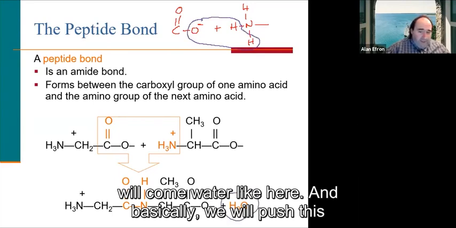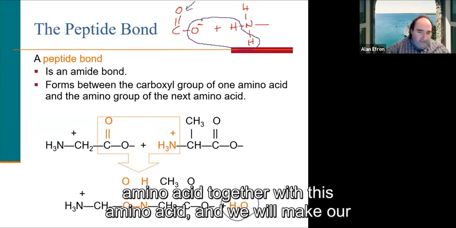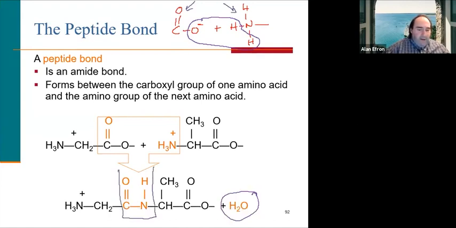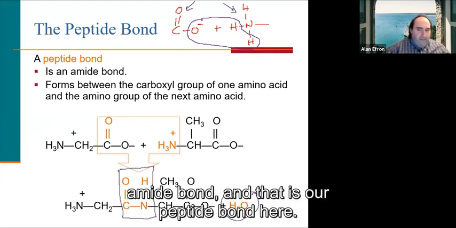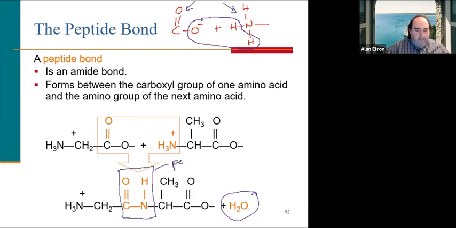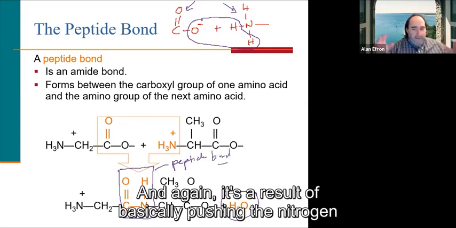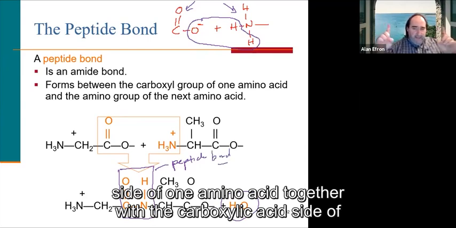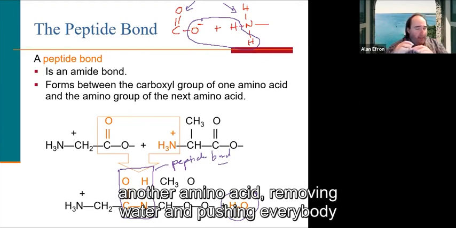We will push this amino acid together with this amino acid, and we will make our amide bond, and that is our peptide bond here. It's a result of pushing the nitrogen side of one amino acid together with the carboxylic acid side of another amino acid, removing water and pushing everybody together.